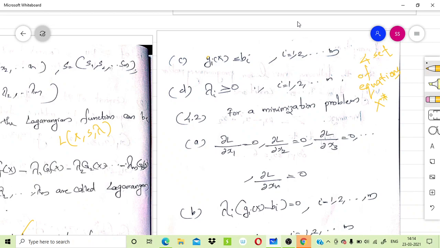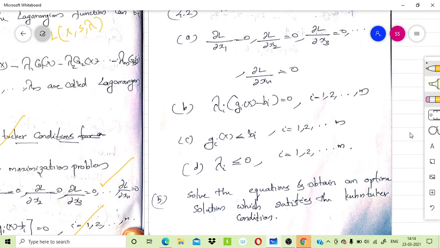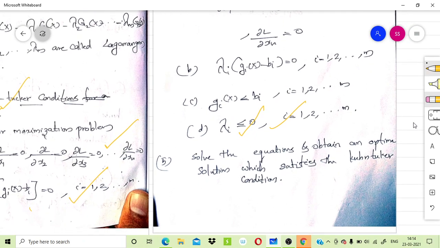Then for the minimization problem, similar conditions are defined. The partial derivative of L with respect to x1 equal to 0 and all of that are the same, but the only condition that differs is lambda i is less than or equal to 0. That means it is either 0 or negative. That is the only difference.